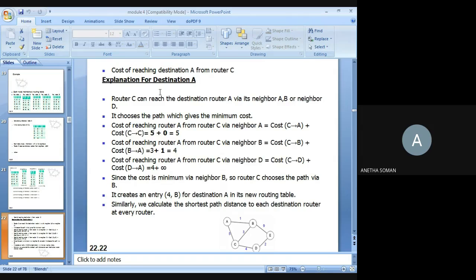Now, the explanation for destination A: how can I find it?